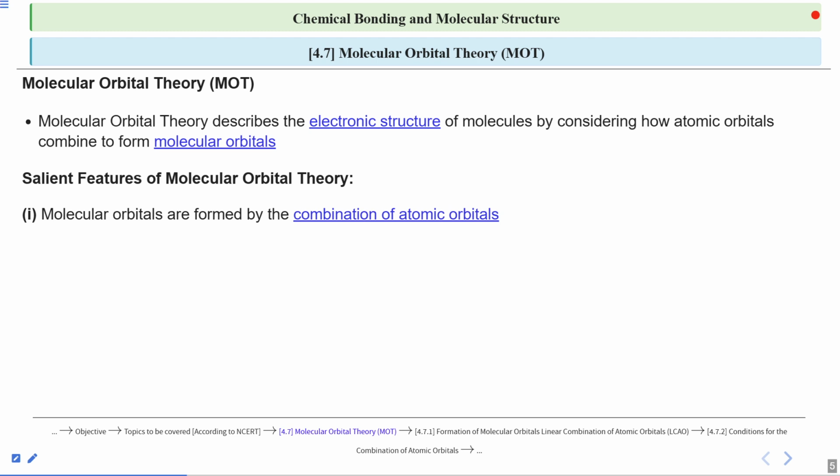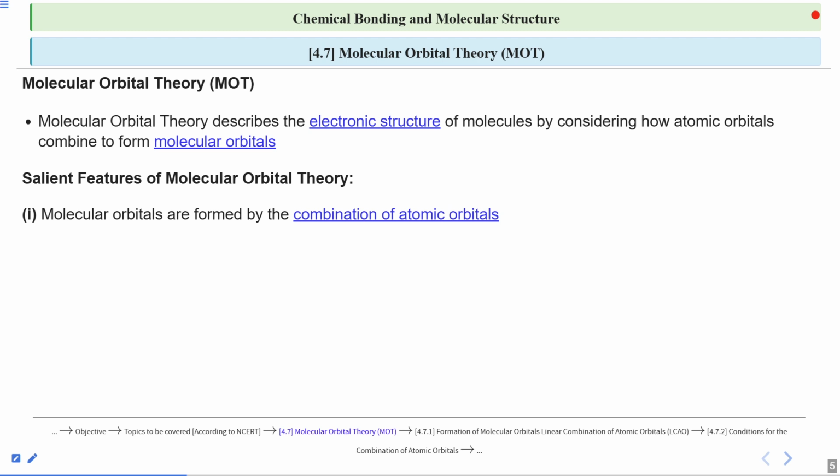In the hybridization theory, we intermixed the atomic orbitals and produced hybridized orbitals. In the molecular orbital theory, we are mixing the atomic orbitals and here we are forming the so-called molecular orbitals.